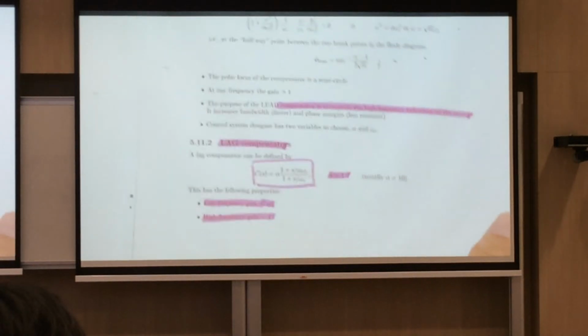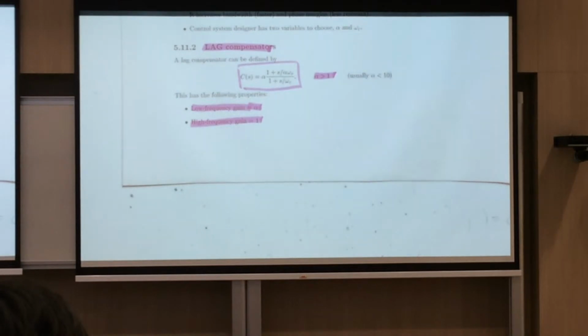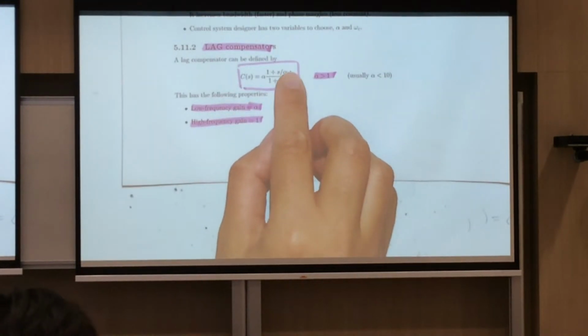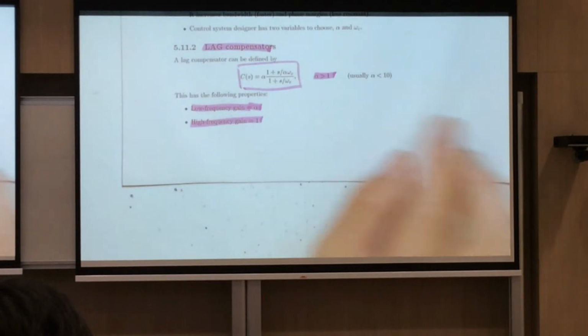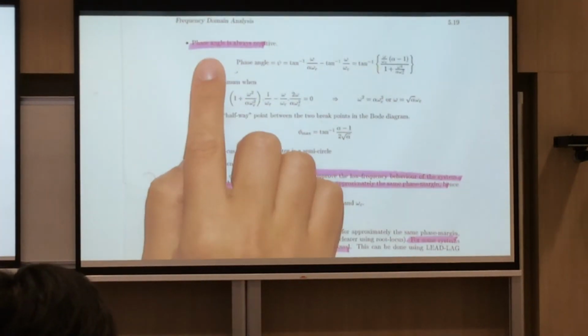If you move on to the lag compensator, for the lag compensator we add negative phase to the system. So instead of the alpha on the denominator, alpha is on the numerator. Make the same analysis for the phase angle.